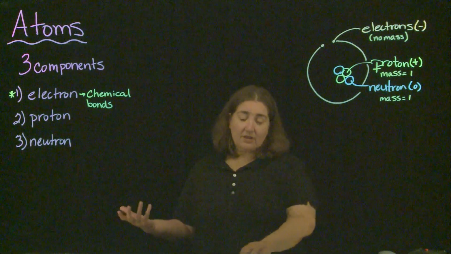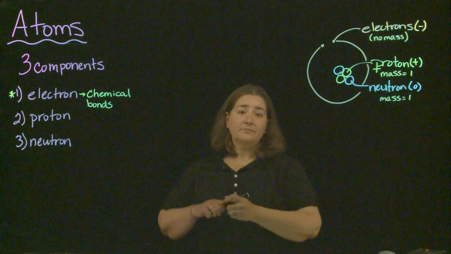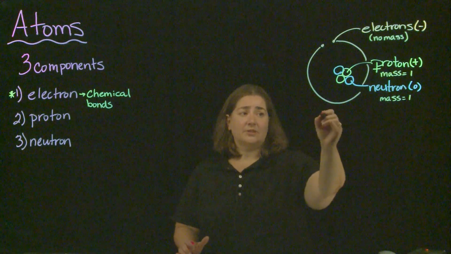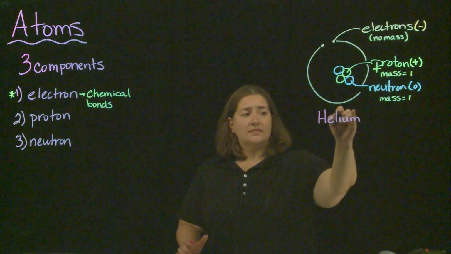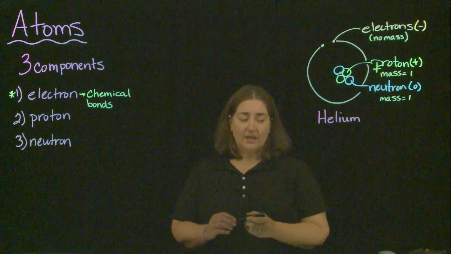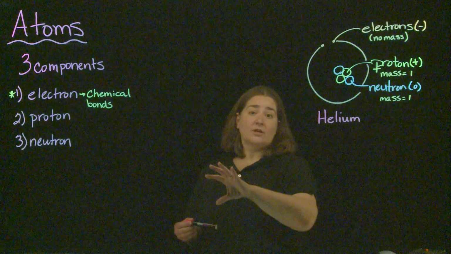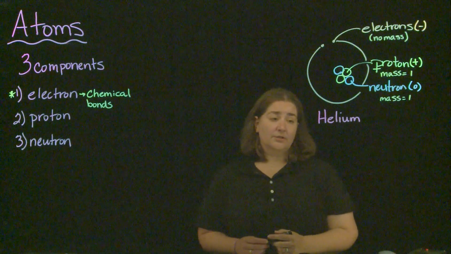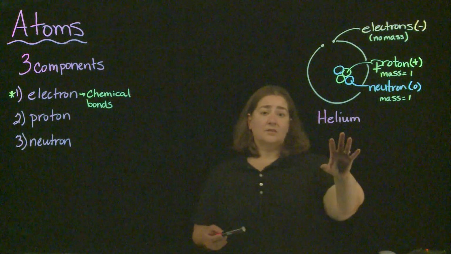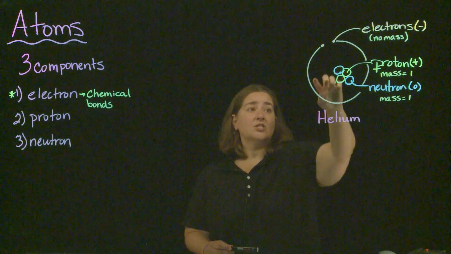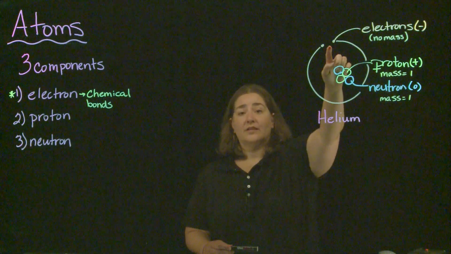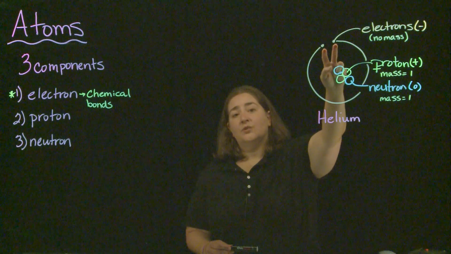Now, in terms of figuring out our atom here, this atom that I've drawn is helium, okay? And I'm going to do another example with carbon here in a minute. Helium is one of our inert gases. It's inert because this shell, or this circle that I drew with the electrons, you've got 2 in there.